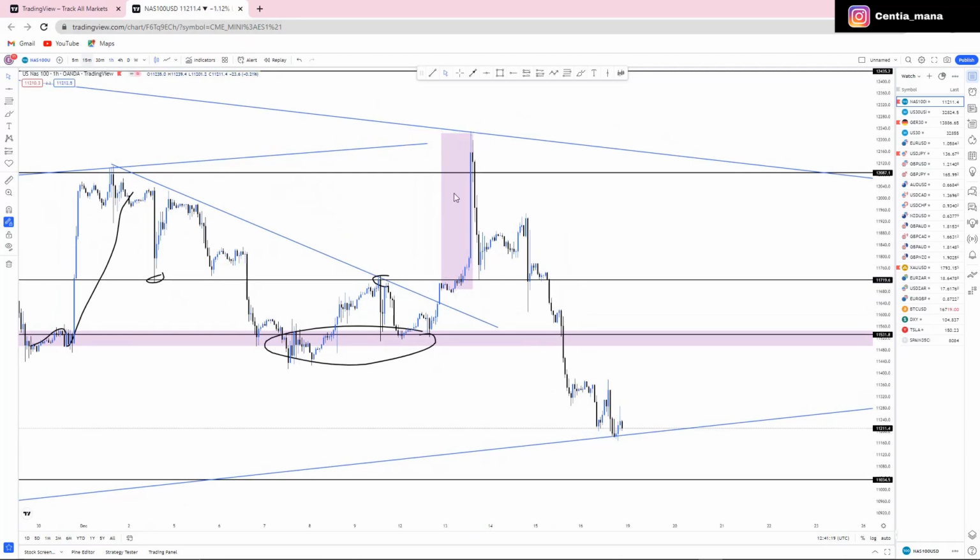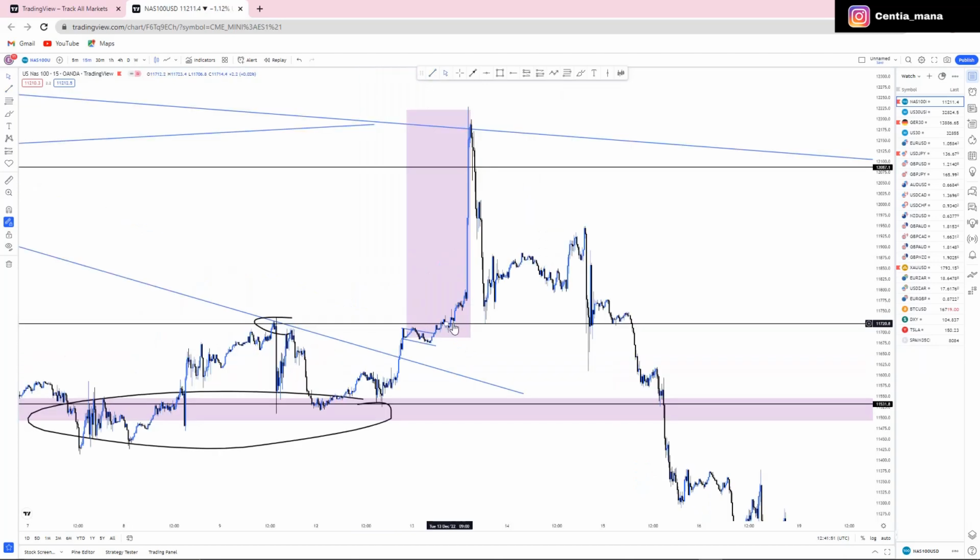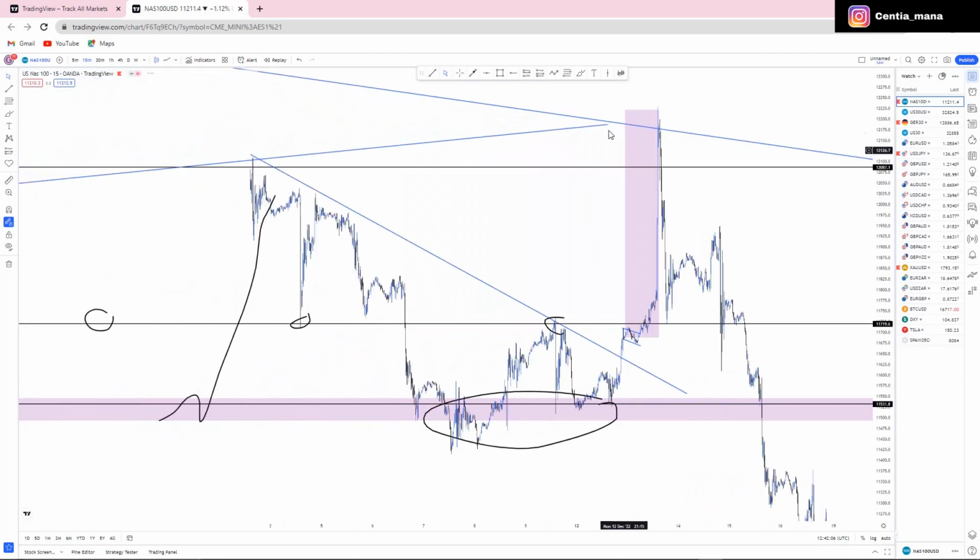On the 15 minute time frame, we have a corrective structure that formed, and that would have been an amazing entry opportunity. But my entry was right here on this price level, and the market shot straight up. So that is how I was able to find this direction.